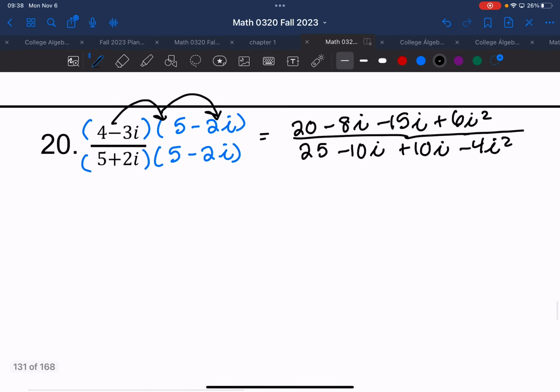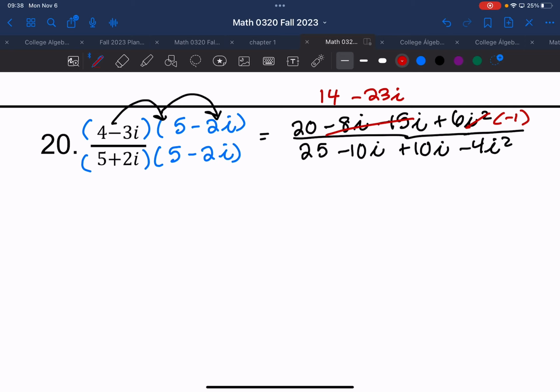Okay, so simplifying just the numerator, what is negative 8i minus 15i? Negative 23i. And what is i squared? Negative 1. So that means I have 20 minus 6, which is 14. So that's me simplifying the top.